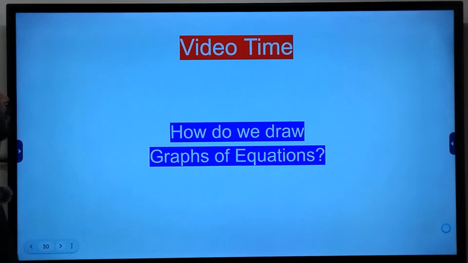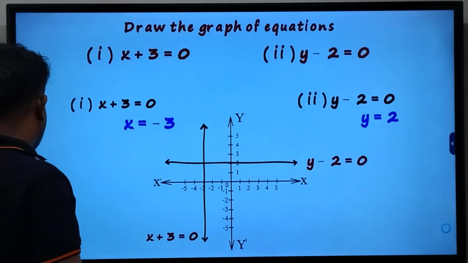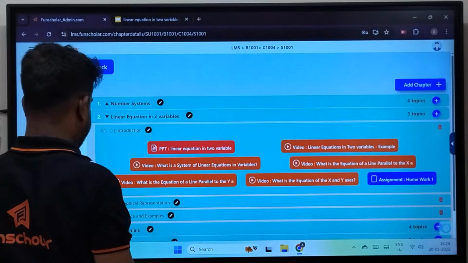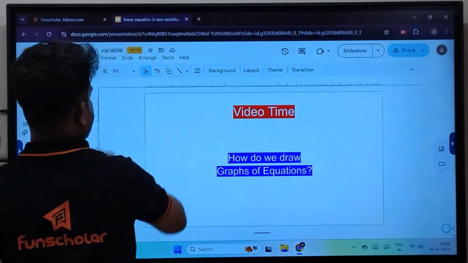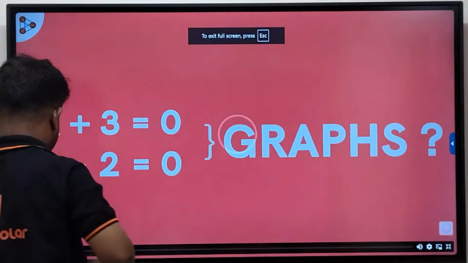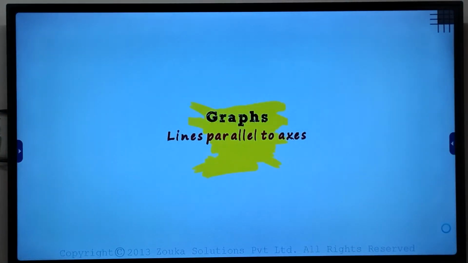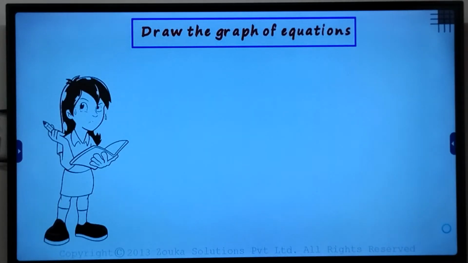So how do we draw graphs of equations? Let's see the video here.